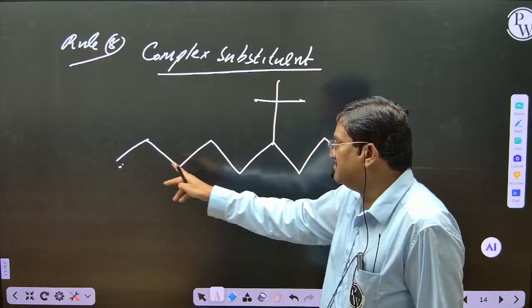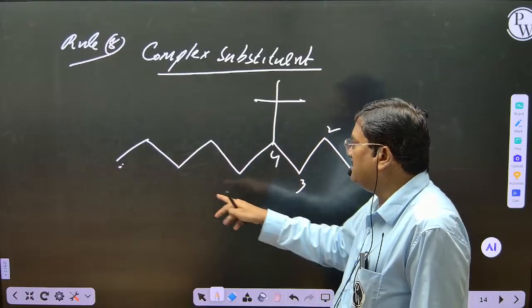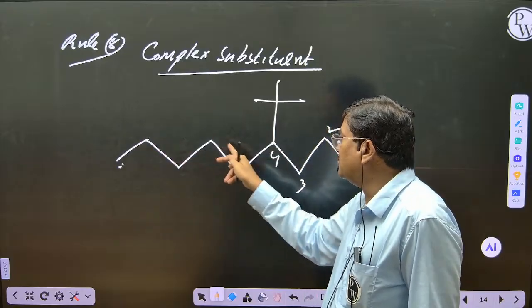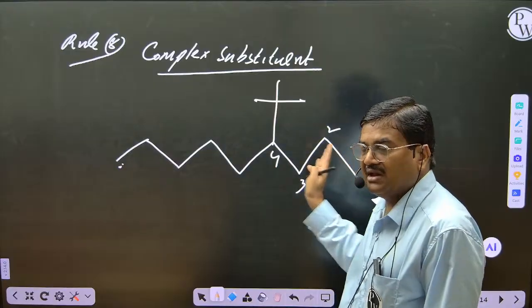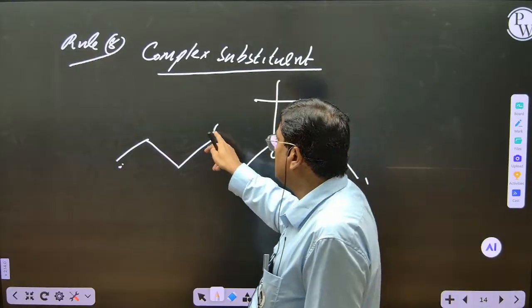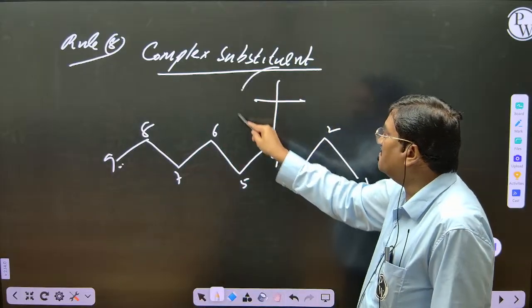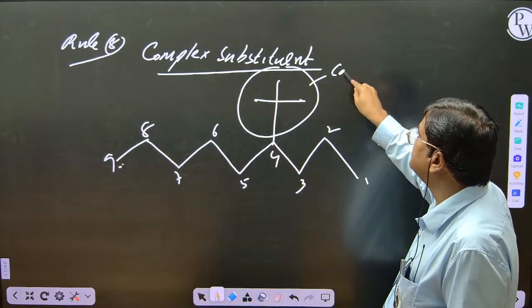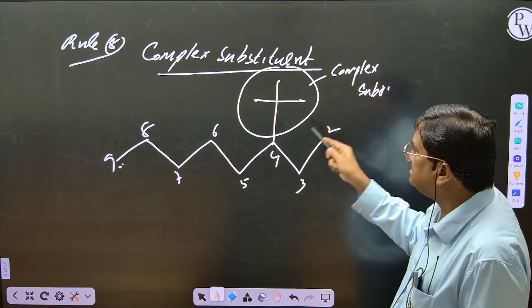If I go from right to left, I am getting the least number, no? 4. If I come from here, I am getting 6. So preferably I have to number from right to left. Up to this, understood, all of you? Here I am going straight. Now this is called a complex substituent. See, complex means what? A big one. For your understanding, I am elaborating.